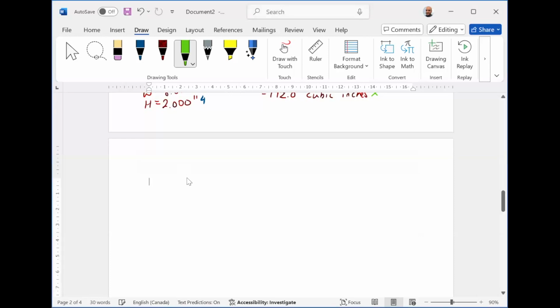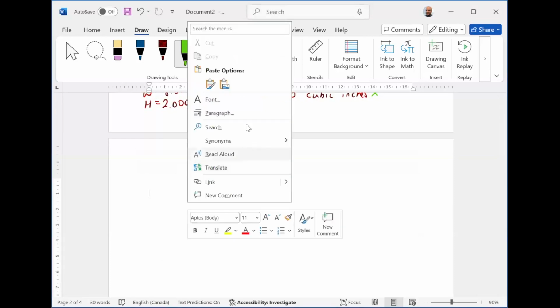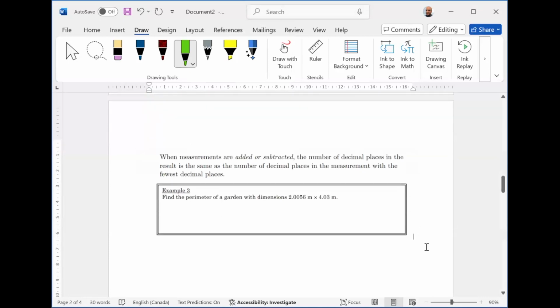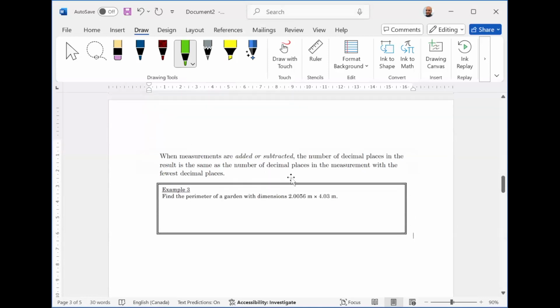This is in that lesson, and I'm just quickly going to go over this. What this says is that when the measurements are only added or subtracted, we don't use the significant digit weakest link rule. We round the final answer to the measured value with the fewest number of decimal places. And so in this case, if we did a perimeter calculation, which would be only addition and subtraction, we would be rounding to the fewest number of decimal places.